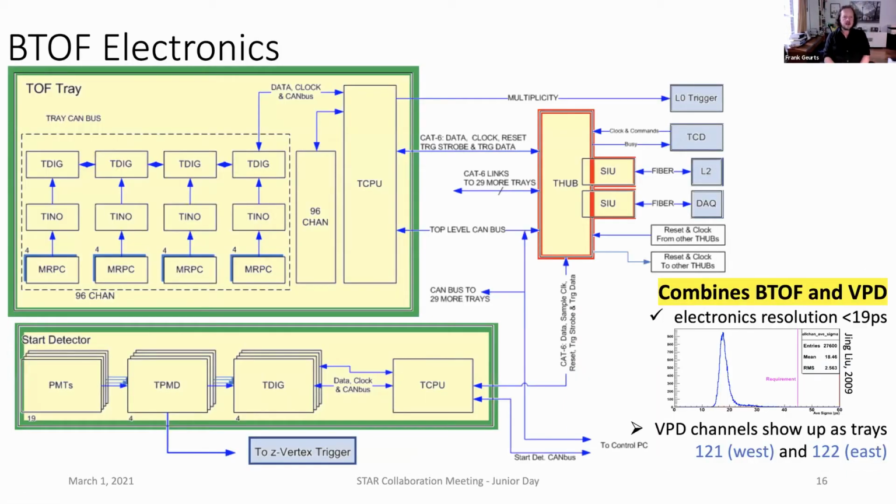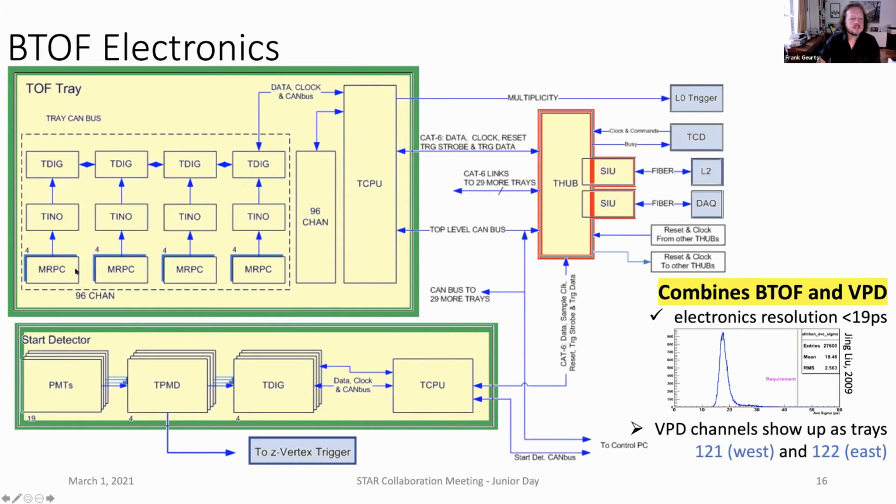BTOF electronics. The electronics is very important here, and I'll look at this more from a top level view. A lot of the electronics, like I said, is really centered around this HPTDC chip.